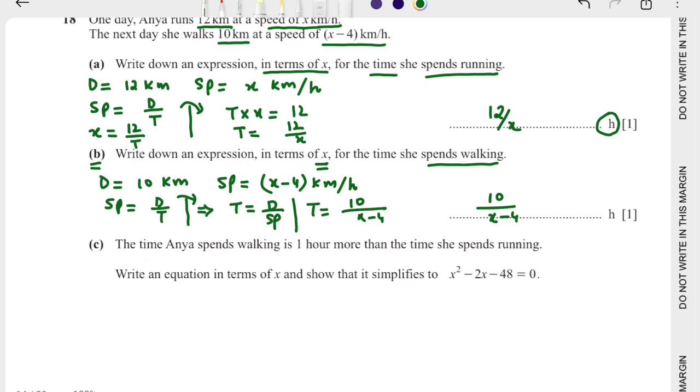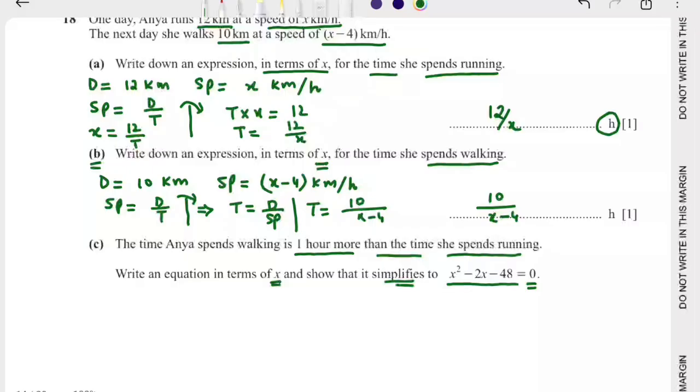Part C. The time Anaya spends walking is 1 hour more than the time she spends running. Write down an equation in terms of x and show that it simplifies to x square minus 2x minus 48 is equal to 0. So there is a comparison and there is a difference of 1 hour.